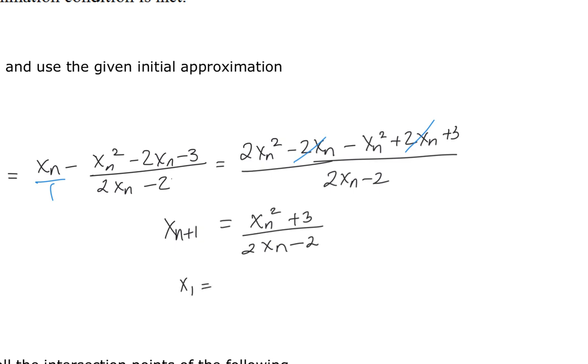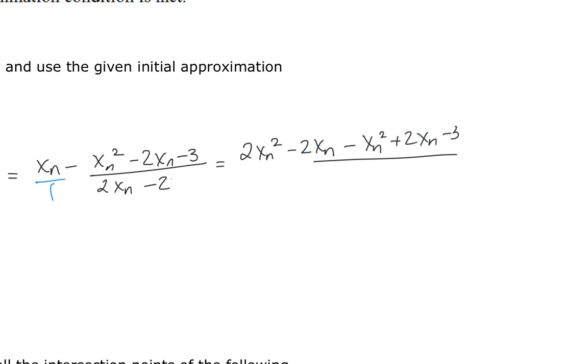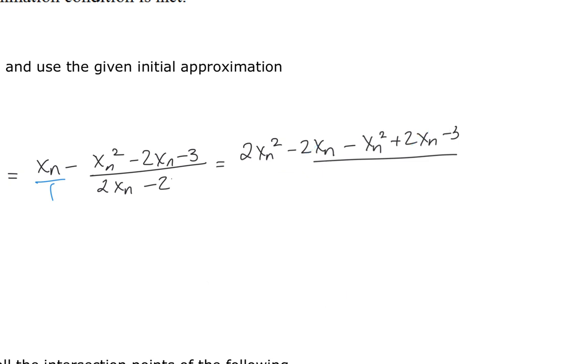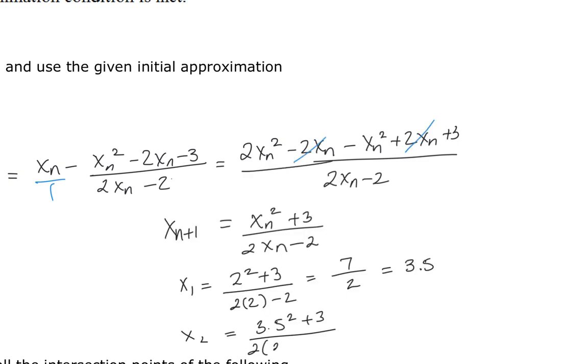So it'll be my x sub naught, which was 2, squared plus 3 over 2 multiplied by 2 minus 2. I'm going to get 4 plus 3, which is 7. And then I have 4 minus 2, which is 2. So I get 3.5. For my x sub 2, I'm now going to use 3.5 squared plus 3 over 2 multiplied by 3.5 minus 2.